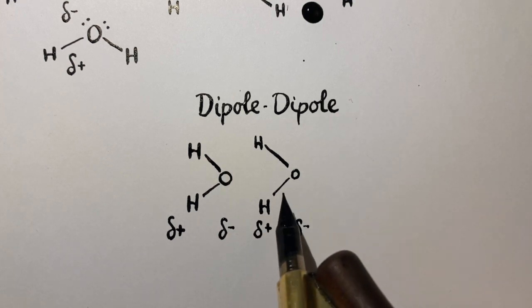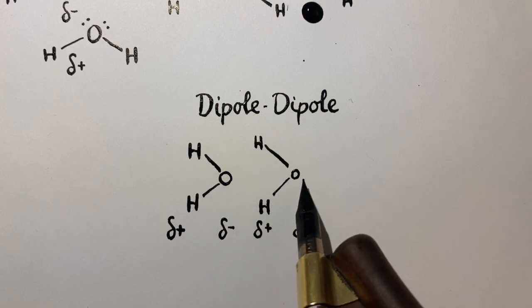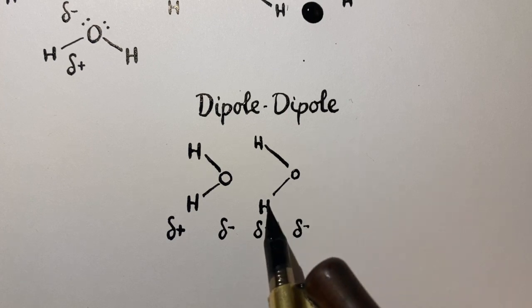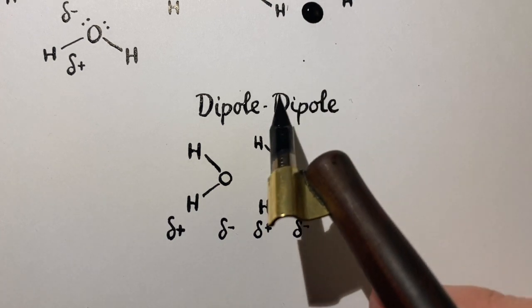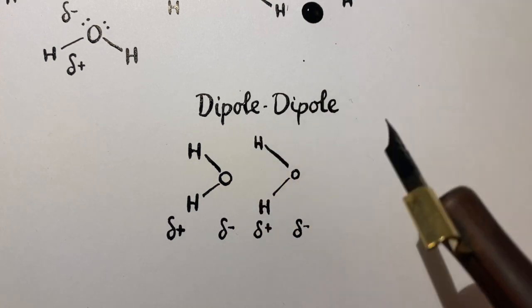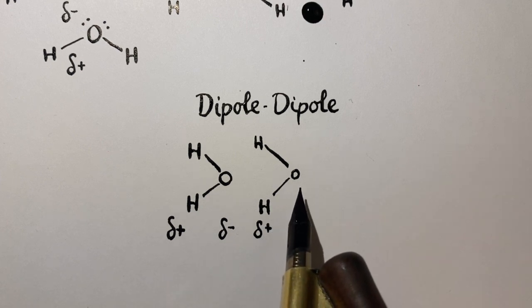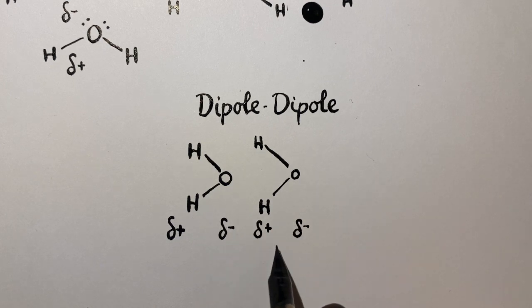So in the liquid phase of water, the water molecules are moving around quite a bit. Okay, but they do attract each other in this way in terms of dipole-dipole. Now, with water, there's another intermolecular force happening that affects this as well.